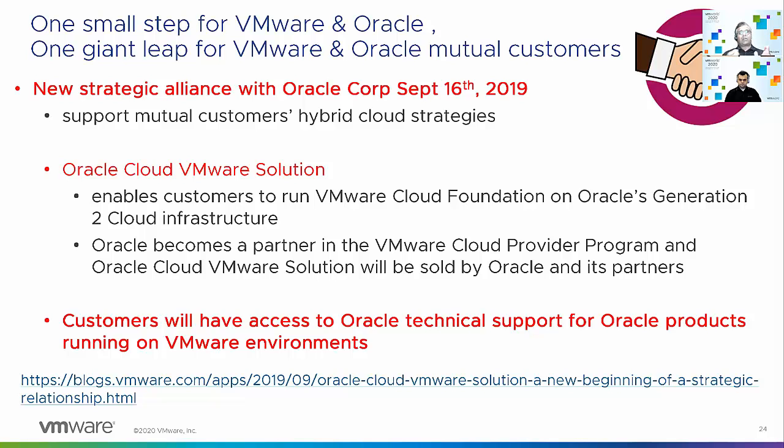The first offshoot was the Oracle Cloud VMware Solution that Faisal is going to talk about today, and that enables customers to run their VMware Cloud Foundation on Oracle Generation 2 cloud infrastructure. The other thing is Oracle also became a part of the VMware Cloud Provider Program, which is VCPP, and the OCVS solution will be sold by Oracle and partners. That's the first offshoot of the strategic alliance.